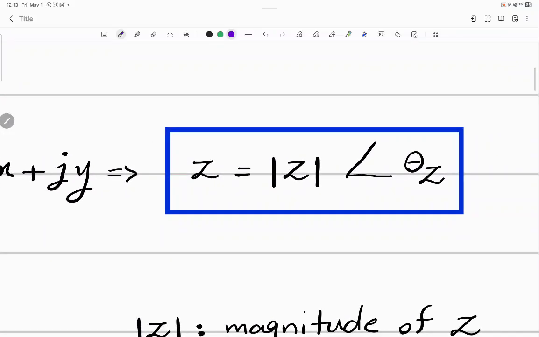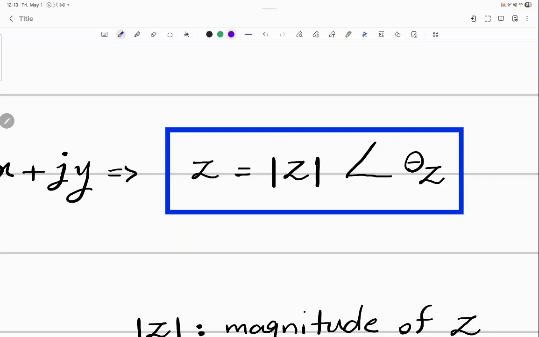Any complex number z can be uniquely represented by some magnitude and some angle. Just note that the symbol is just the angle symbol. It's not an operation, at least not right now, because we don't know what it does. But we know that it is the sign of an angle, okay?